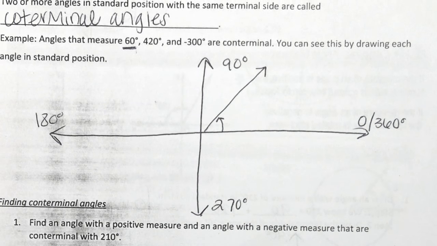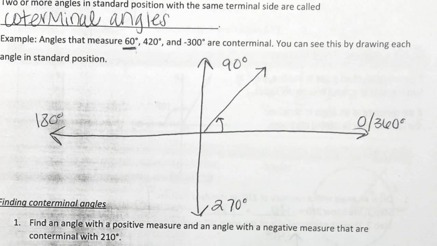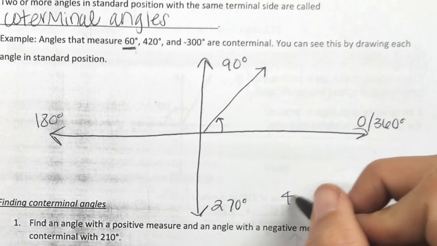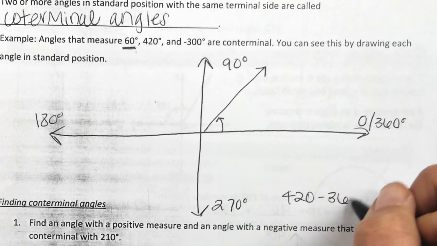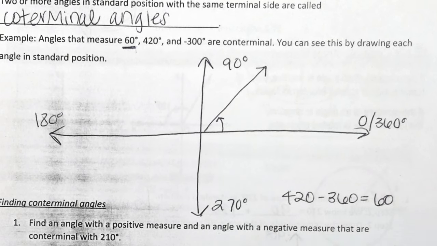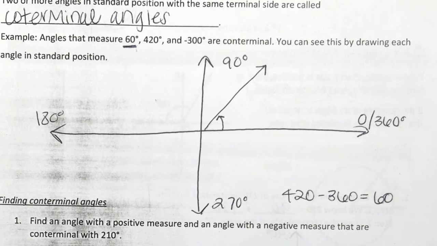Alright, what about 420? How could we do that? What do you notice about 420? It's bigger than 360, right? How much bigger? So 420 minus 360 is what? 60. So all this means is the angle does a full circle and comes back to 60 degrees.